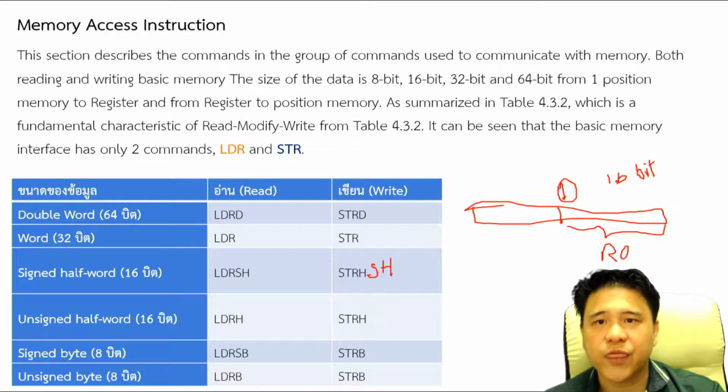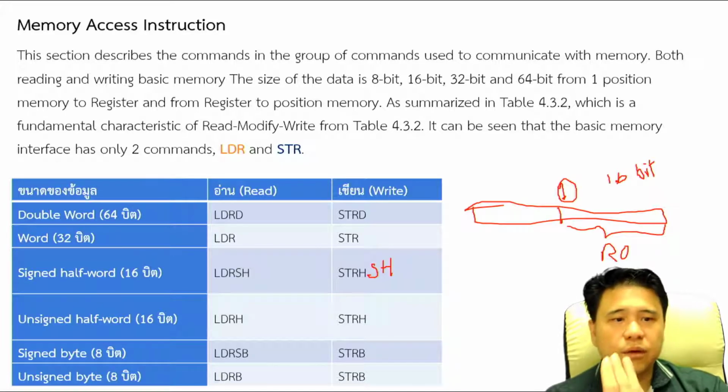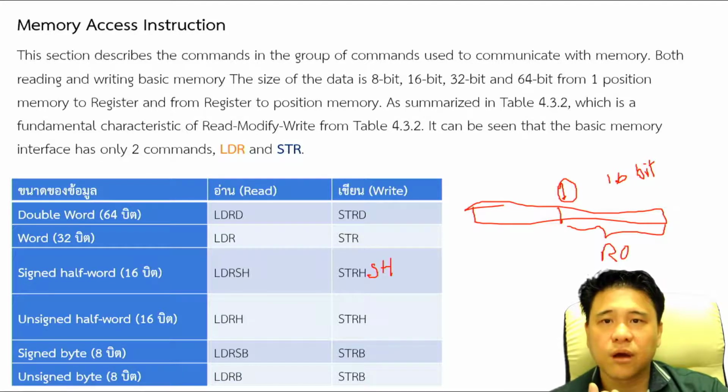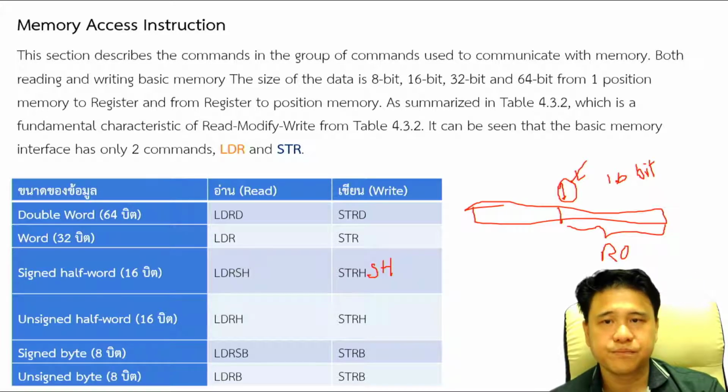But R0 is 32 bits, therefore if you do not use the signed half word load from your memory to store inside R0, R0 will place the most significant bit of R0 equal to 0. It means that the sign stored inside your memory is gone. Right now it goes from a negative number to a positive number.